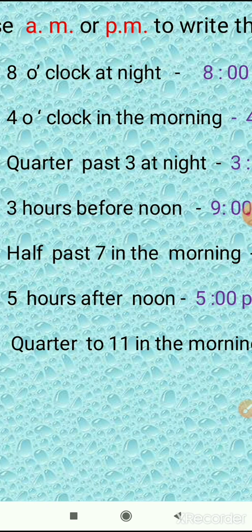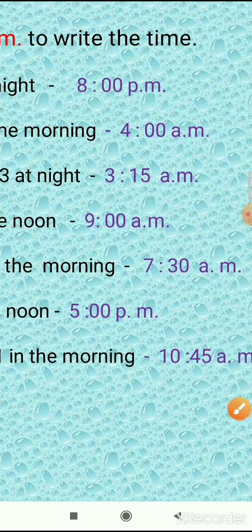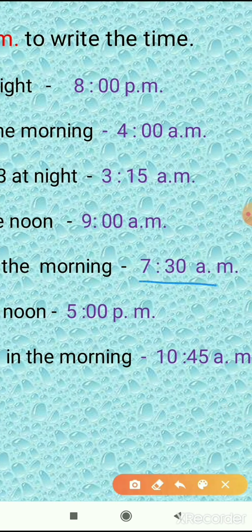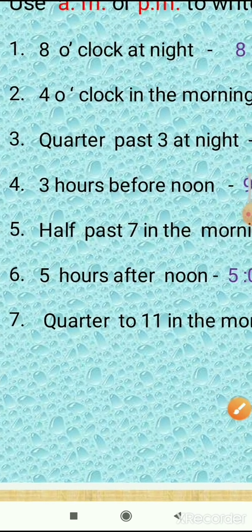Then 7:30, and it's morning time. So how do we write this time? 7:30 AM. Okay, now see the next example.